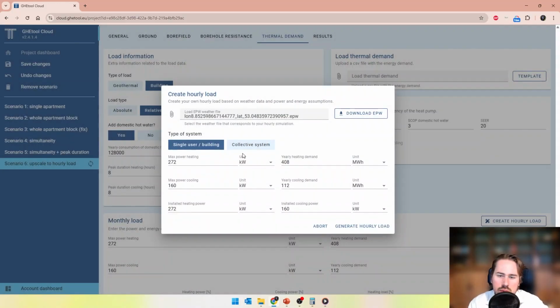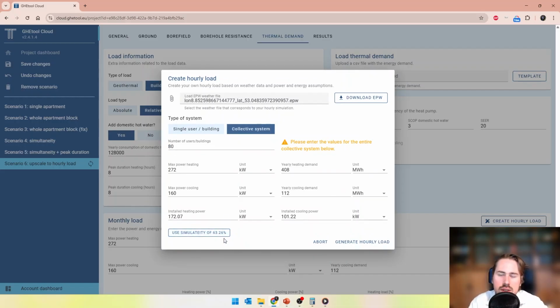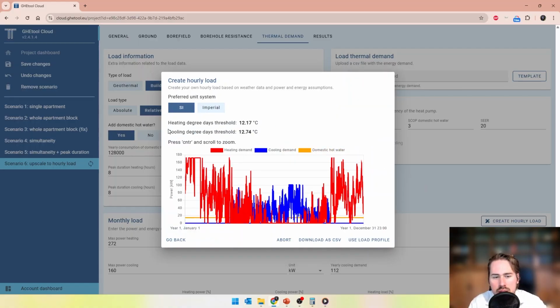So it will find the weather file for that location, and we say we have a collective system of 80 buildings, which means that we have indeed a simultaneity of 63%. Let us go ahead, create an hourly load profile, and this is the profile we have.